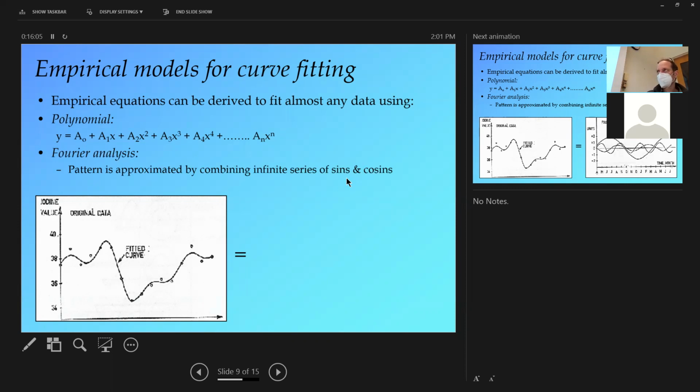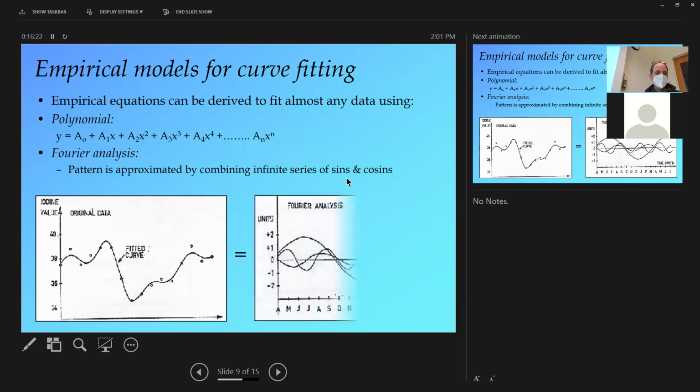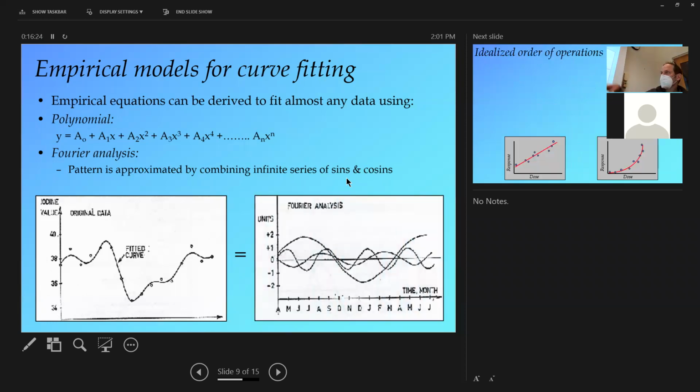And then, as I mentioned, Fourier analysis is a technique that modelers use to fit very complex data that has wave-like patterns in it. So that's an example of data that has waves in it. By fitting a series of sines and cosines, that curve is approximated by adding together a bunch of coefficients multiplied times sines and cosines.